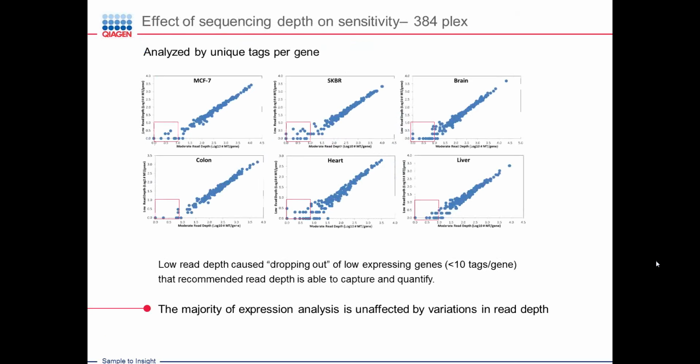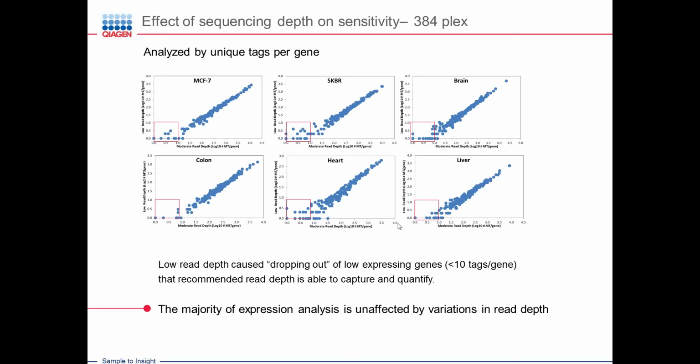So this is just an example of the effects of sequencing depth on sensitivity. So how do I know that I'm reading it deep enough? I think these are tenfold differences in depth. And what you see is essentially things are pretty much unchanged, except at the low end. The signals bottom out for the samples that are read at lower depth. So things flatline. And it's a repeated thing that you see over and over again, that things that are expressed at the lowest level tend to flatline if you read at a lower depth.